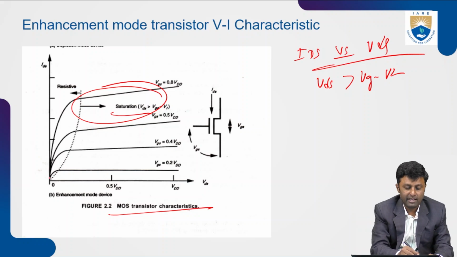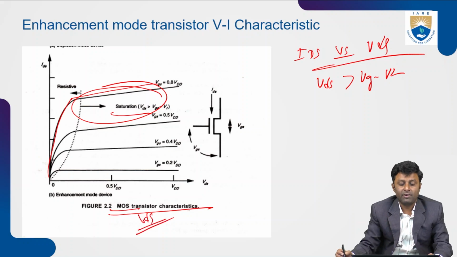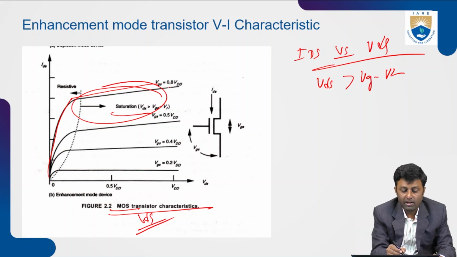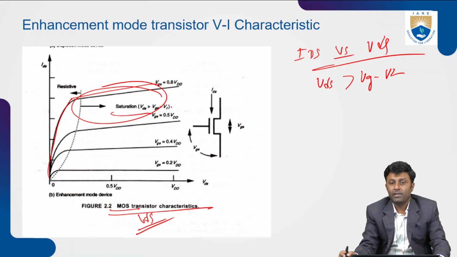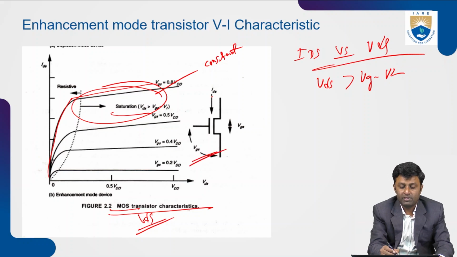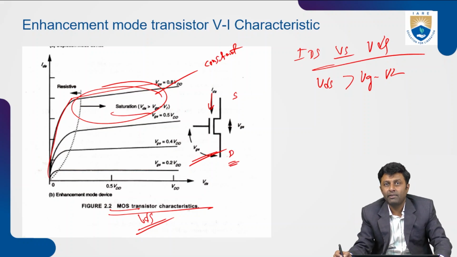If you increase VDS up to a point wherein the transistor will be on, that is VGS minus VT, at that time the flow of current will be constant, a constant flow of current from source to the drain terminal. So this is the relationship between the IDS and the VDS characteristics.